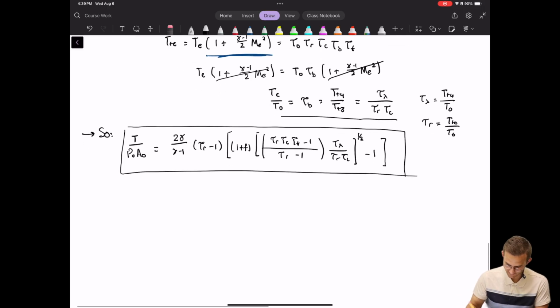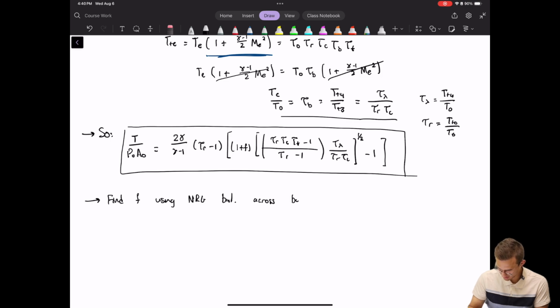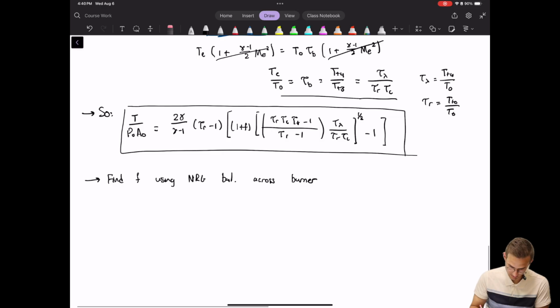Okay, and then we can always find f using the energy balance across the burner. So what I mean by that, well, you take m dot A plus m dot F times ht4, and that has to be equal to m dot A ht3 plus m dot F hf.